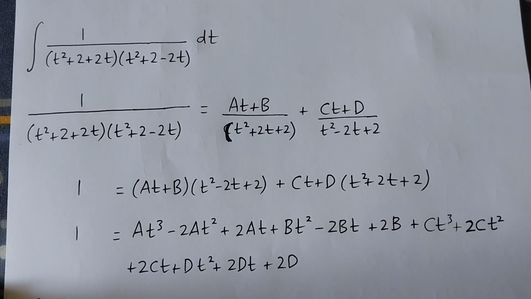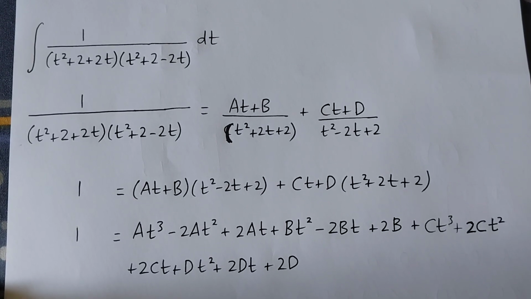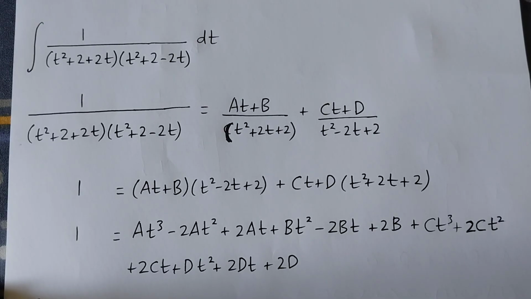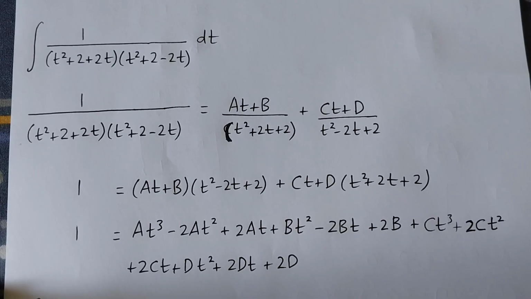And now we multiply these factors to get the final equation, and that will be 1 is equal to at cube minus 2at squared plus 2at plus bt squared, and so on. Multiplication can be done. So from this equation we can make separate equations for different like terms, and from those equations we can find the values of a, b, c and d.